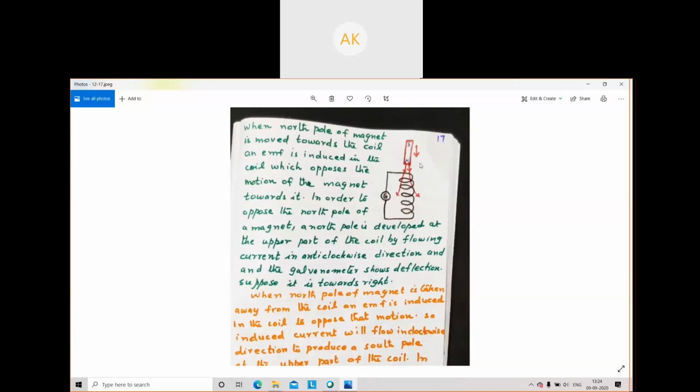When the north pole is taken away from the coil, the flux linked with the coil decreases. When the magnet is taken away, the number of field lines linking with the coil will be less.